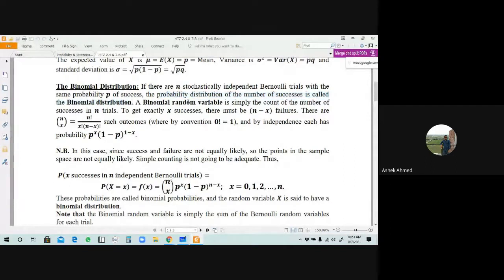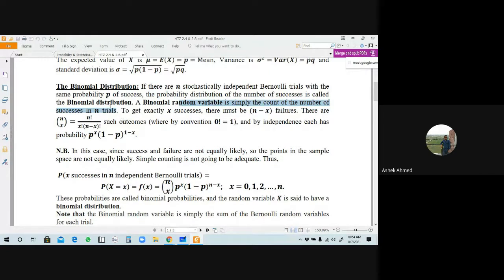A binomial random variable is simply the count of the number of successes in n trials. So if we conduct an experiment n times, then that n will be called n binary trials. From the n binary trials we want to see x, the number of successes.